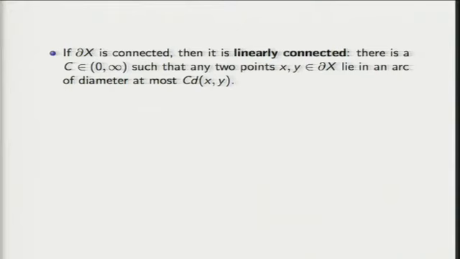Note what I'm not saying. I'm not saying that there's a path joining them whose length is bounded by a constant times the distance. Okay? So for instance, if you take hyperbolic space and you rescale it to make it more negatively curved, then the visual metric may have no rectifiable paths at all. No non-constant rectifiable paths. So this isn't an assertion about the length.